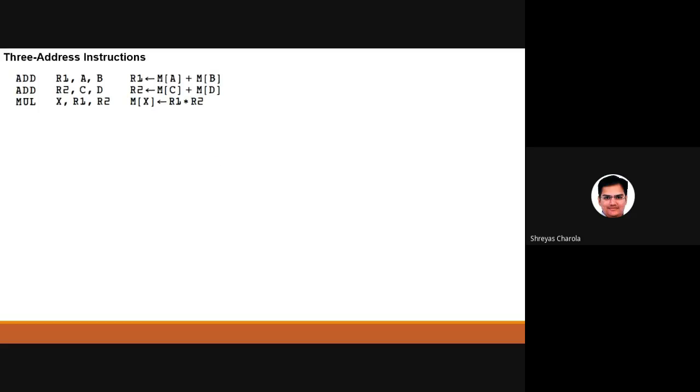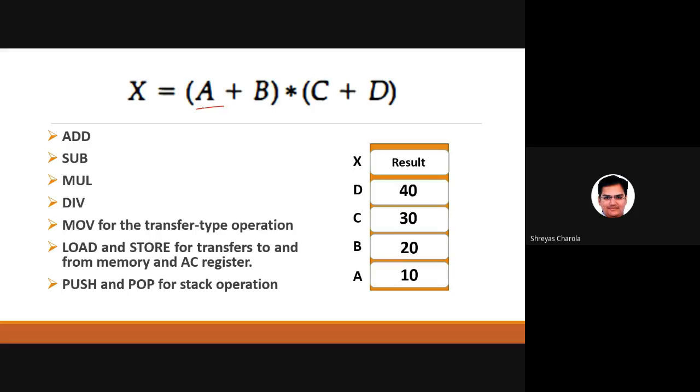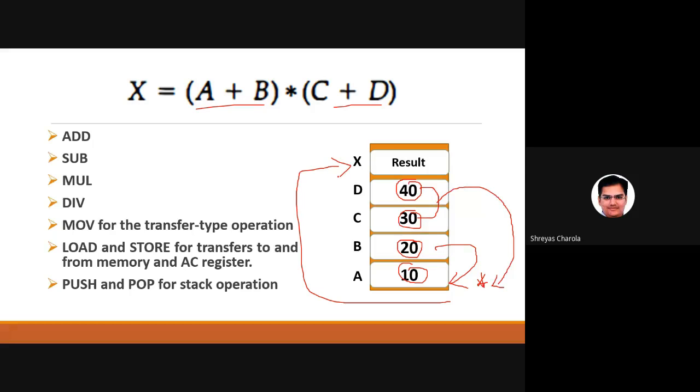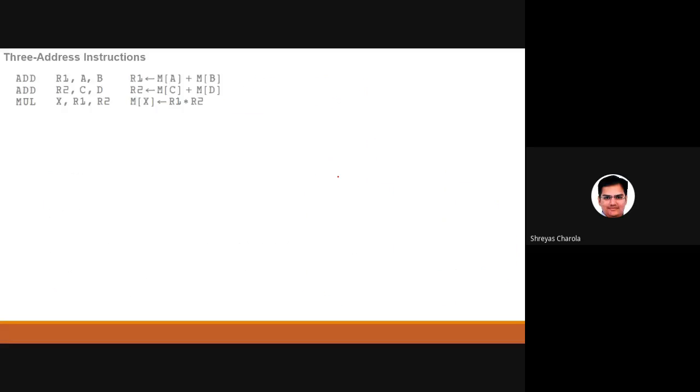For example, look over here. 3 I am telling. 2, 1 and 0, do it by yourself. See here. What's the first thing I need? The equation is (A + B) * (C + D). First I need to take this data, add with this data, store into some temporary register, take this data, add with this data, do the multiplication of both and the answer I got I need to store into X. This is the concept I need to apply. So let's suppose consider the 3 address instruction.